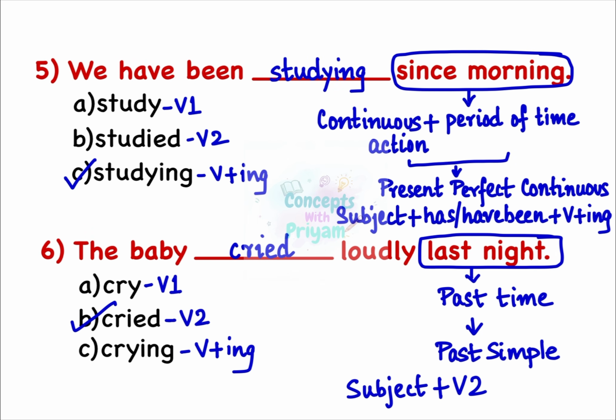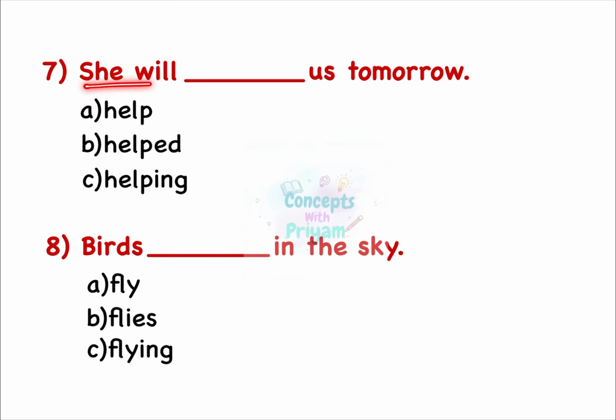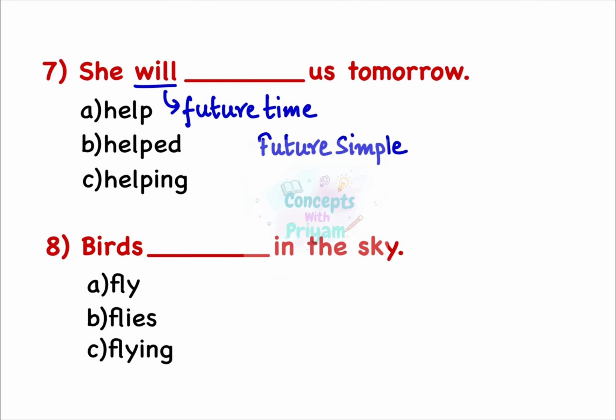Let's move on to the next slide. Number 7. She will blank us tomorrow. Help, helped, helping. The keywords here are will and tomorrow, which show future time. So this comes under the future simple tense, which follows the structure subject plus will plus verb 1.